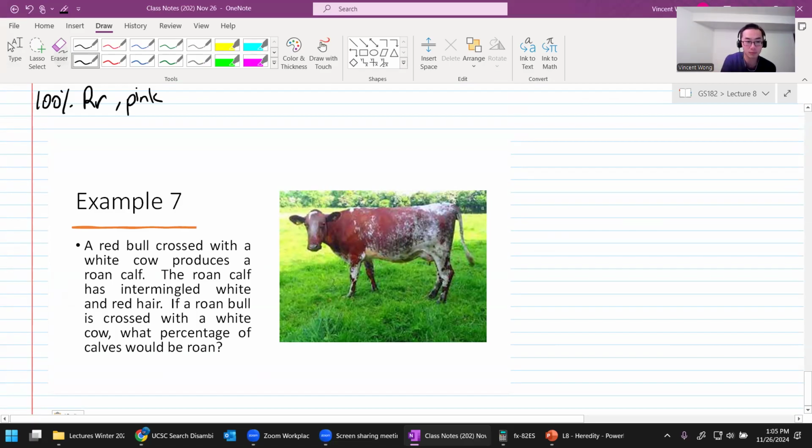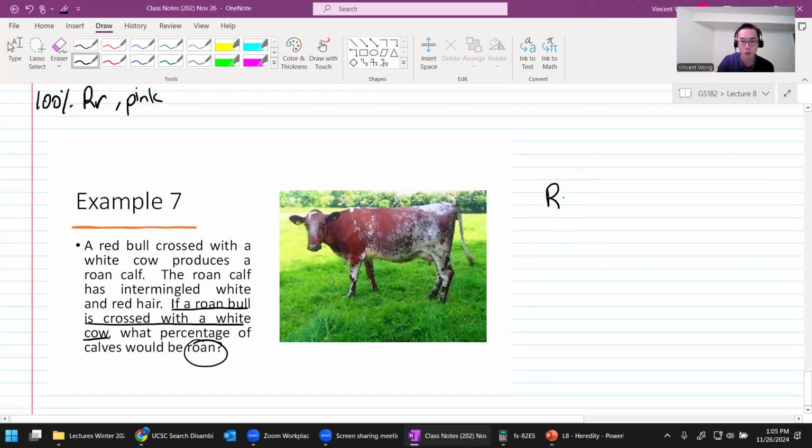It's not red hair or white hair or somewhere in between. It is intermingled. It's both, right? Both red and white, and you can see there are patches of white and red on the cow. And the question is asking us, if a roan bull is crossed with a white cow, what percent of the calves would be roan?